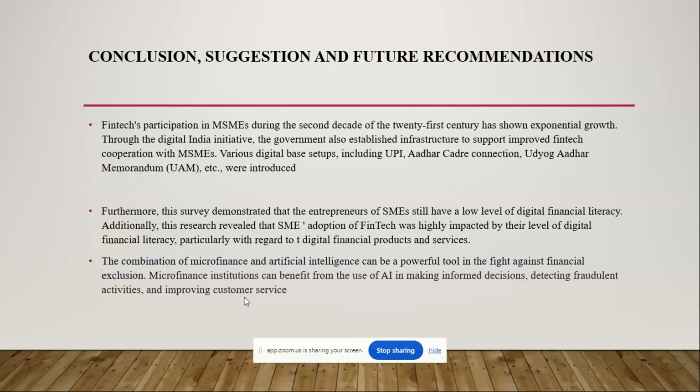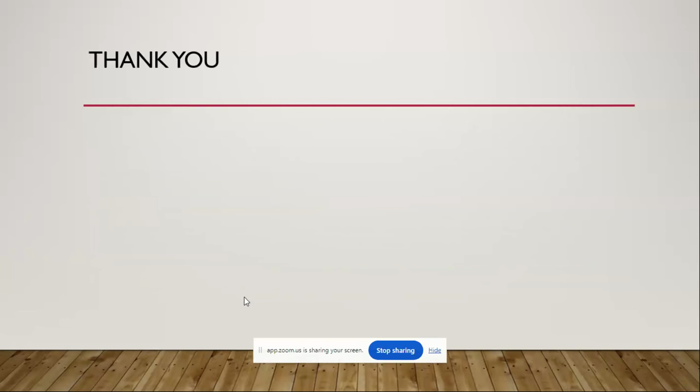Furthermore, the study concluded that the combination of microfinance and artificial intelligence can be a very powerful tool to enhance the working, speed and delivery of microfinance services, and microfinance institutions can benefit a lot from the use of AI in making informed decisions, detecting fraudulent activities, and improving customer services. So these are a few of the references.